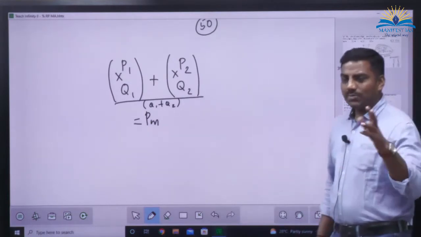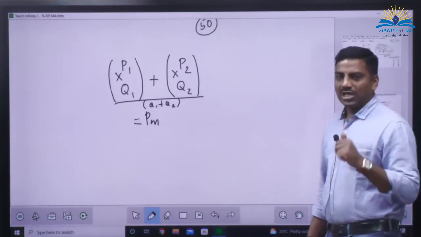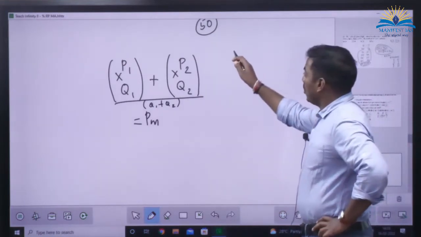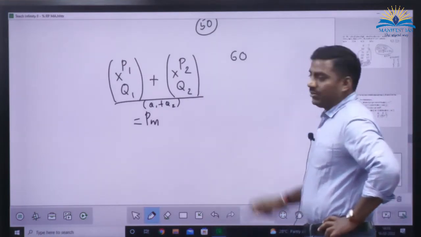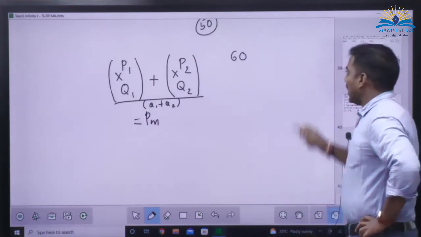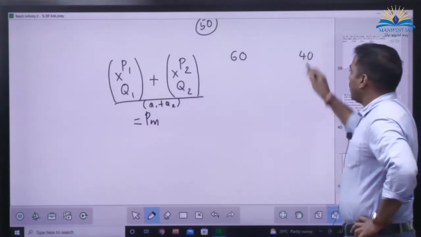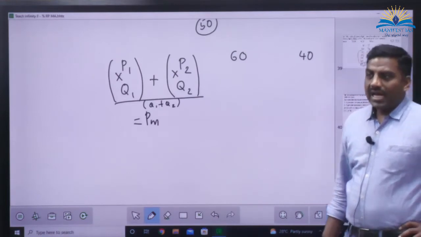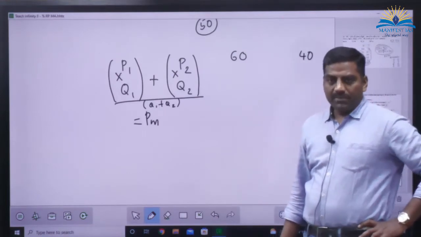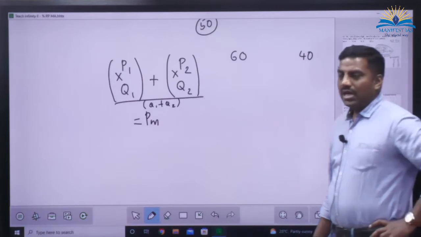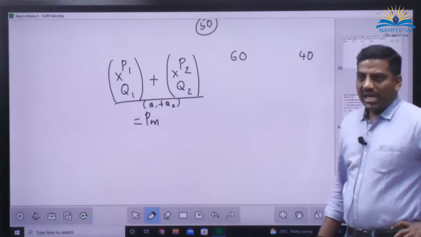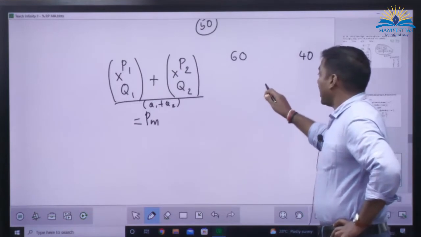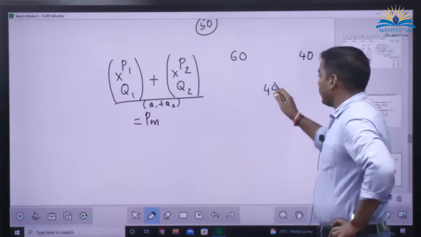Now, I'll give a separate scenario. Observe carefully. Don't write anything. Let's say one variety of rice is costing me 60 rupees per kg and another rice is costing 40 rupees per kg, and when I mix them properly, I finally found that the price of the mixture is 45.